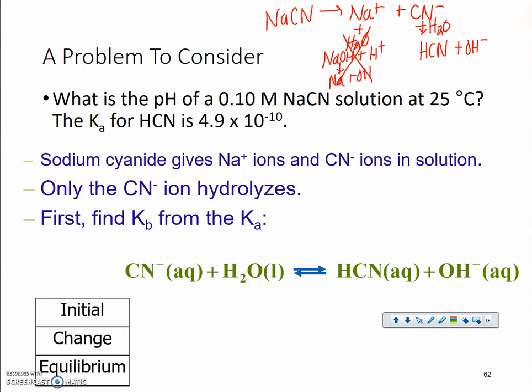So first of all, we have to figure out the Kb, because this is a basic reaction, since we are forming hydroxide. And we can do that from the Ka. So our Ka times our Kb is equal to our Kw. So in this case, our Kb.